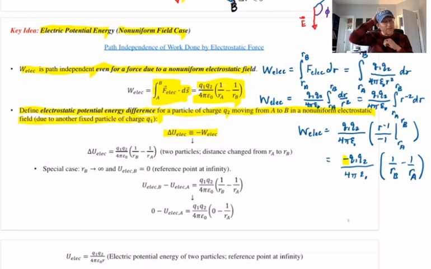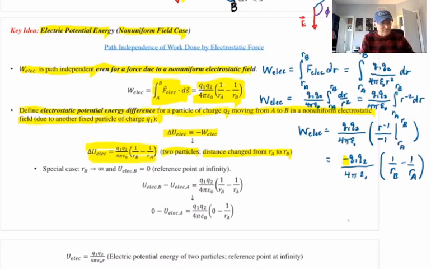So just take the answer for W electric and slap a negative sign in front of it. And it looks like this. Delta U electric equals Q1 Q2 over 4 pi epsilon 0 times 1 over RB minus 1 over RA. Please note what this applies to. Two particles, and the distance between them has changed from a distance RA to a distance RB.